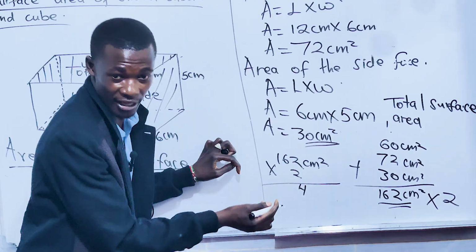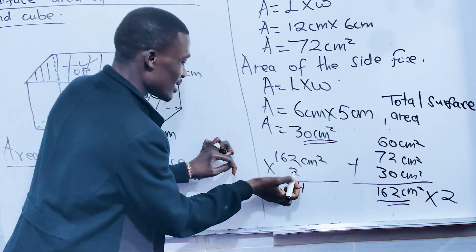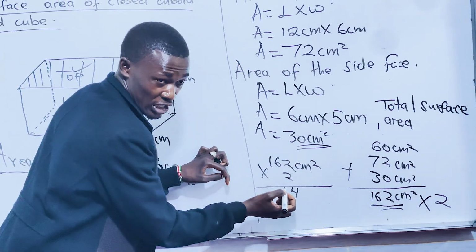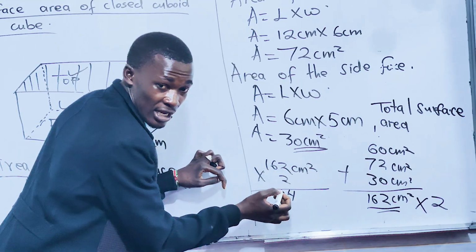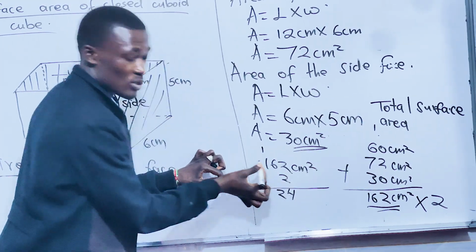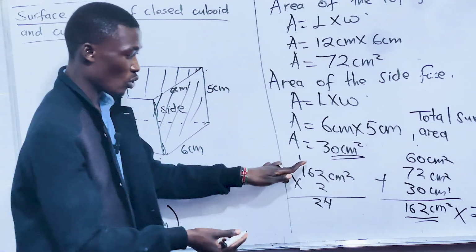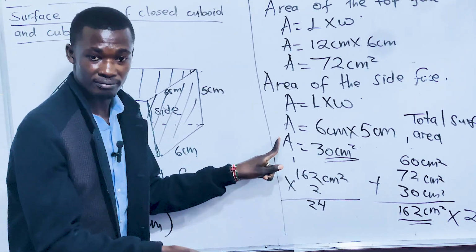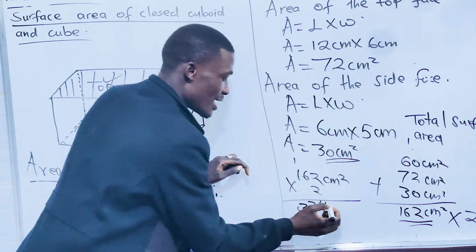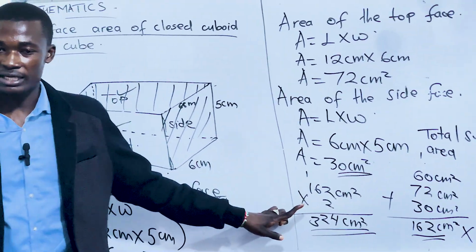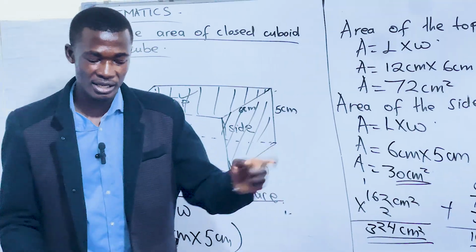Do we carry anything? No. So 2 times 6 we are going to write what? 2, then we carry 1. 2 times 1 gives us 2. Then 2 plus 1, 3. So we are getting 324 centimeter squared. Very simple.